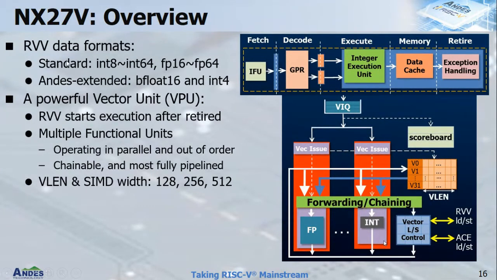The data types we support are from int8 up to int64, and floating point 16 to floating point 64. Additionally, and also very important, it supports the extended bfloat16 or brain float 16 from Google, and also int4, because that is really needed for a lot of AI applications nowadays, especially in neural networks, where it can make a big difference.